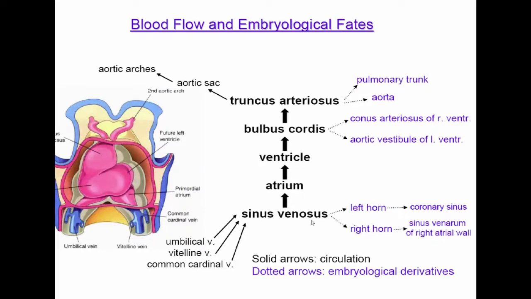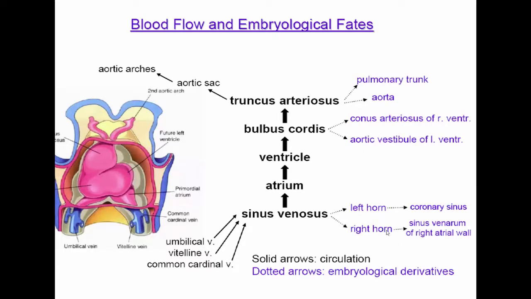And regarding the derivatives, the dotted line, the sinus venosus has a central part, a left horn and a right horn. The right horn of the sinus venosus will be incorporated into the future right atrium. We will see later on.